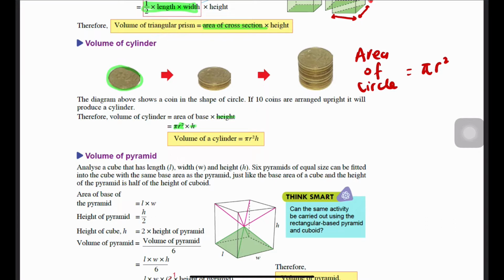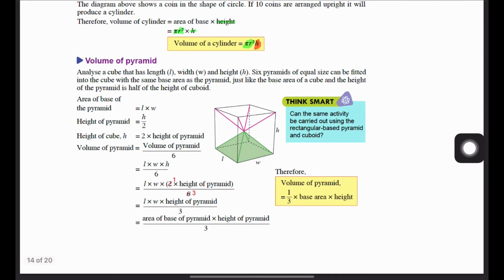So the volume of a cylinder is pi r square h. This is the area of the base, and this is the height of the cylinder. So we know the volume of a cylinder is pi r square h. Clear so far?